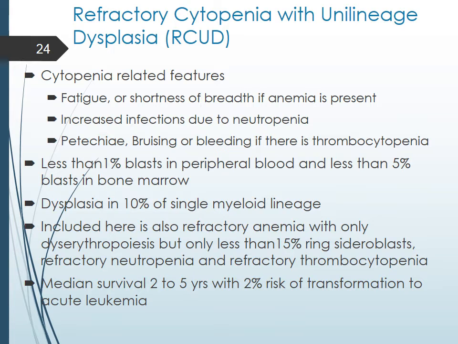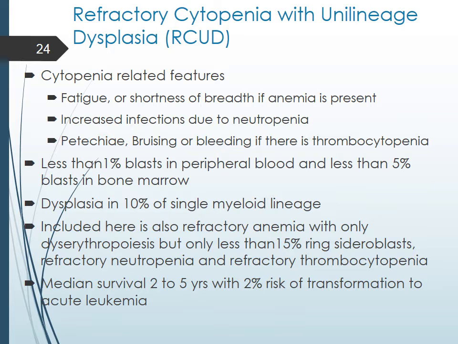In patients that have RCUD, you'll see cytopenia, fatigue, shortness of breath if there is anemia, increased infections from neutropenia, petechiae, bruising, and bleeding if thrombocytopenia is present. This category includes MDS cases with fewer than 1% blasts in the peripheral blood, fewer than 5% blasts in the bone marrow.